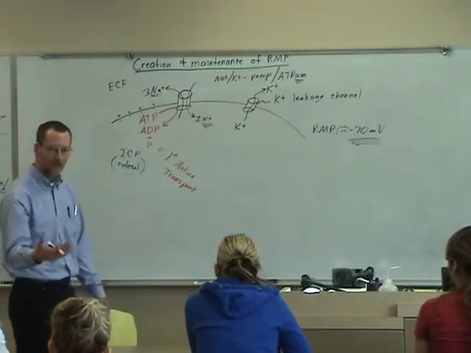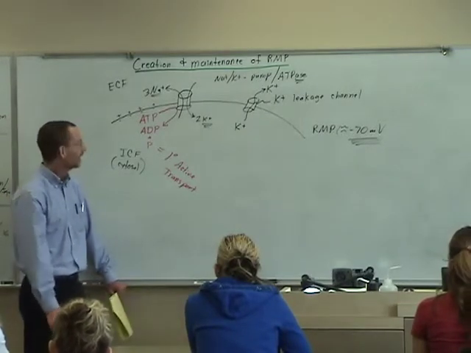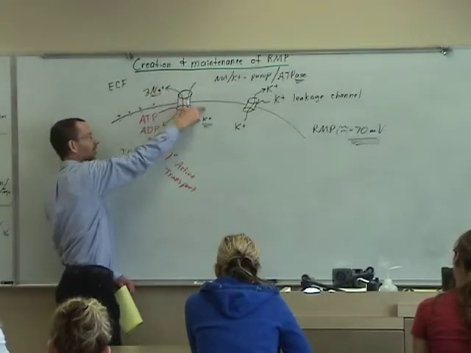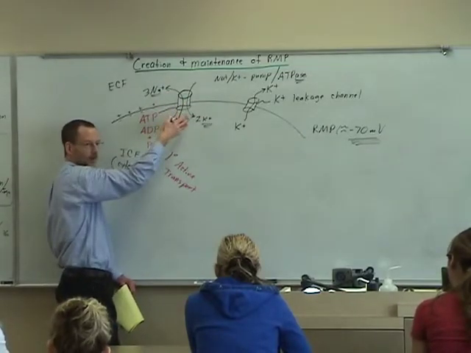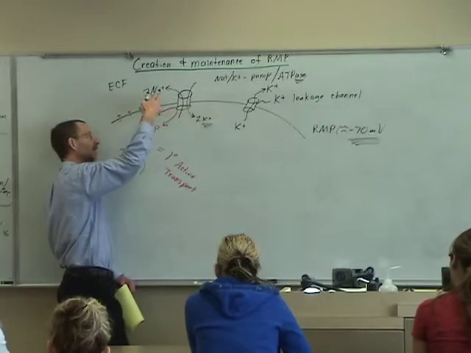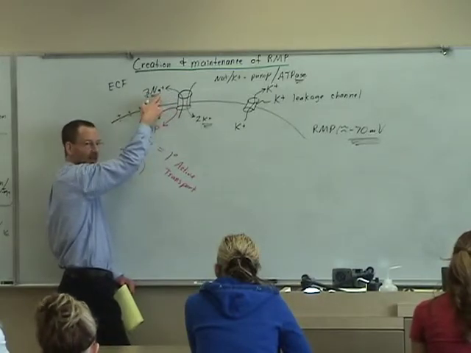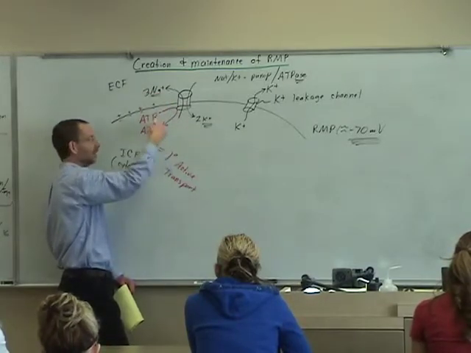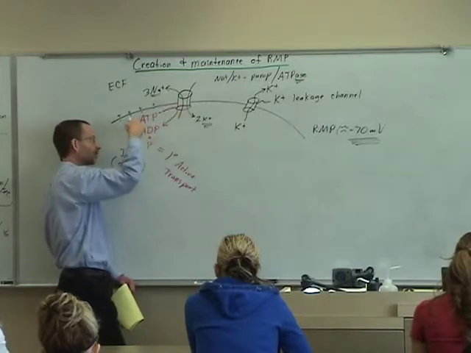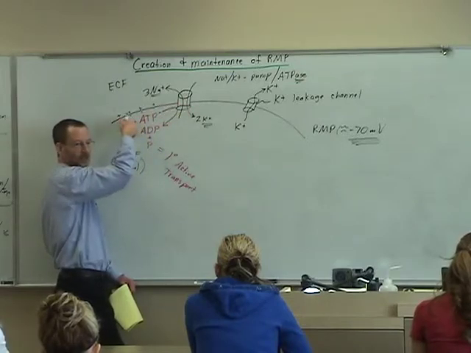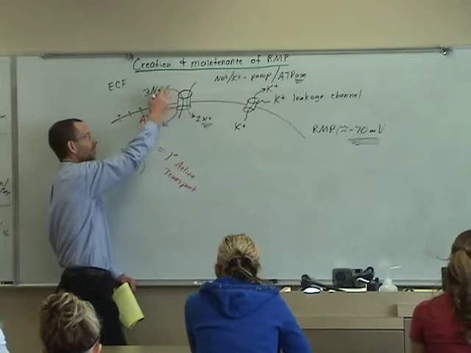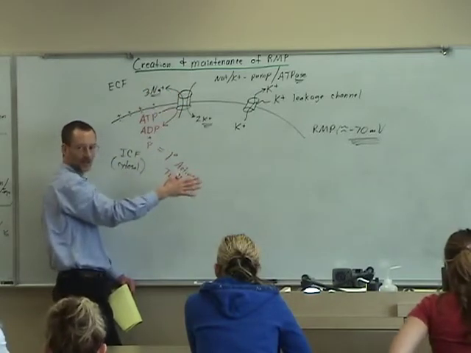So if I ask you to describe this, I want you to talk about the sodium-potassium pump creating this chemical gradient. It's primary active transport, so make sure that you mention the ATP hydrolysis, the 3 sodium out, 2 potassium in.